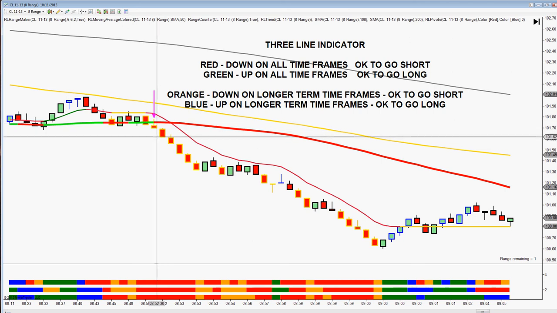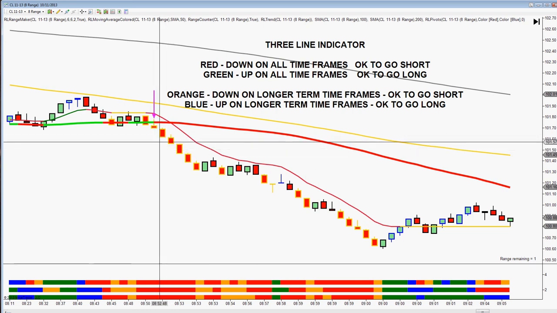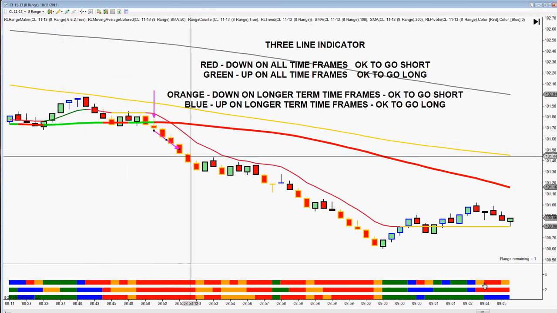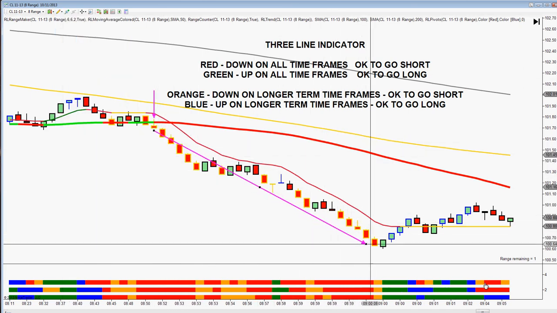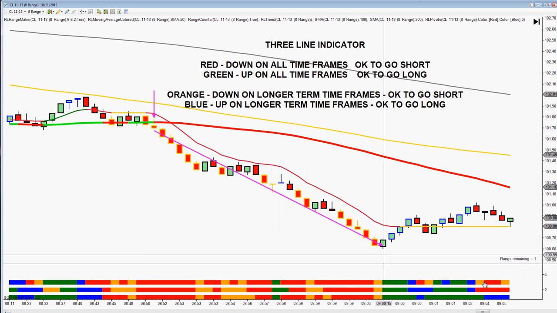We're below the 50. The close of the candle is 101.70. We would be in at 69. And based on money management strategy, I believe this is about a 100 tick trade.